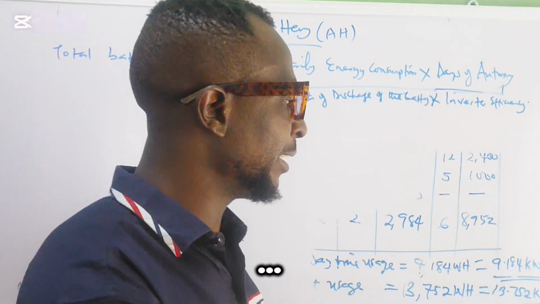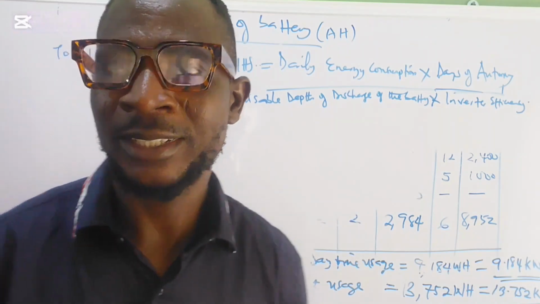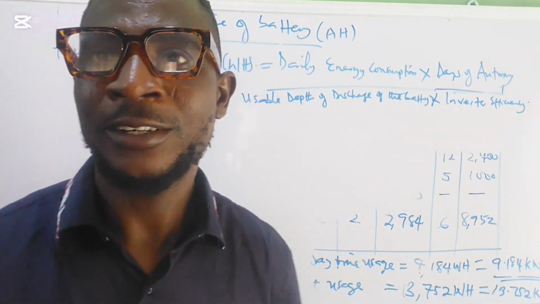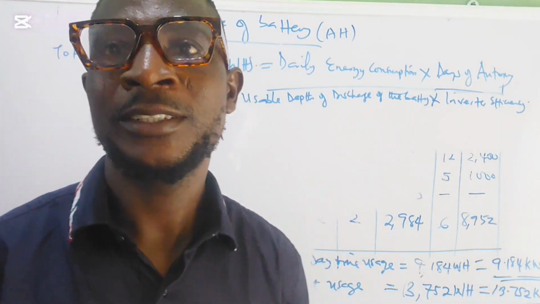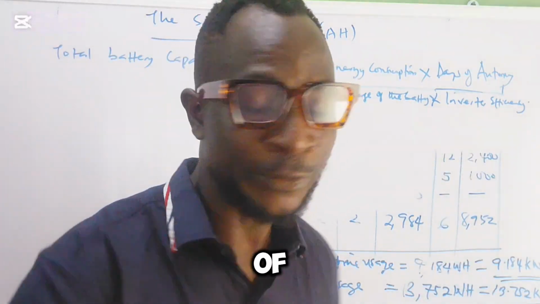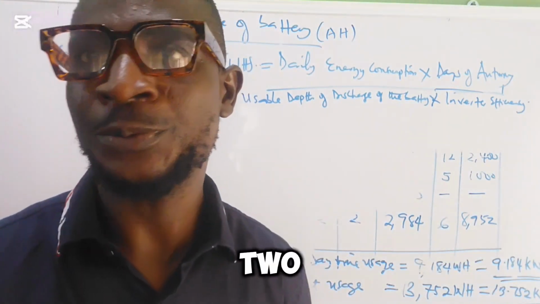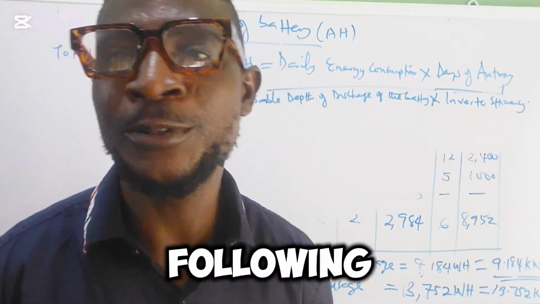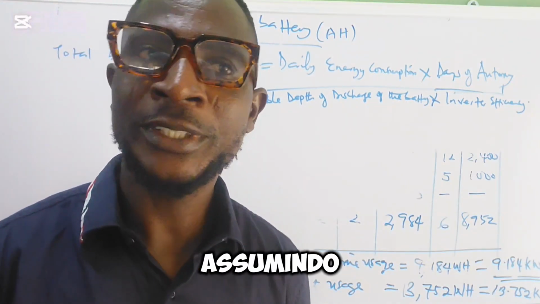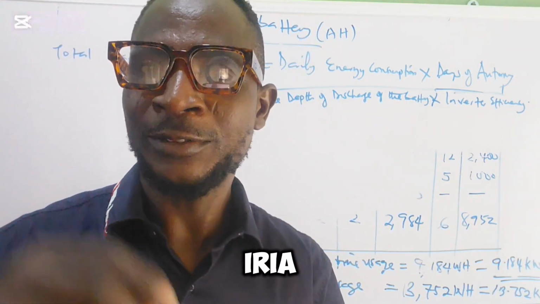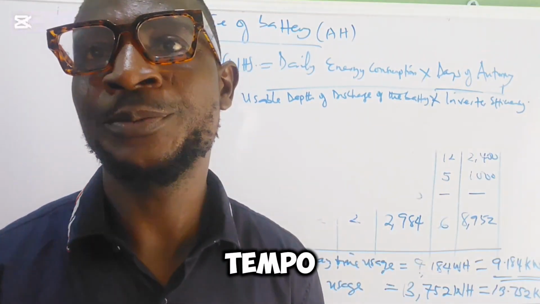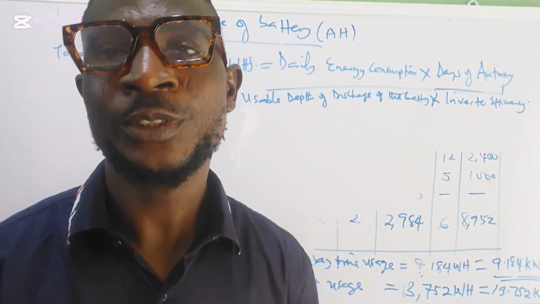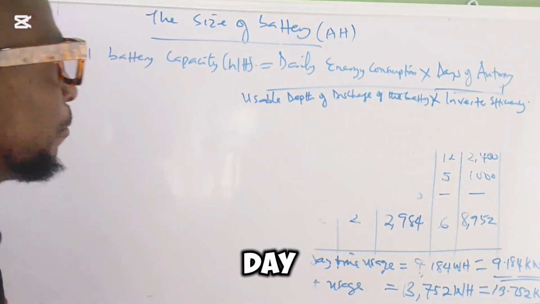So if what we'll be getting here is, let's say, 17.5 kilowatt hour, and you are considering 2 days of autonomy, that means you have to multiply it by 2. So you will use it this night. What you have left, you use it the following night, assuming the following day it will rain all through. So we'll just be using 1 day.